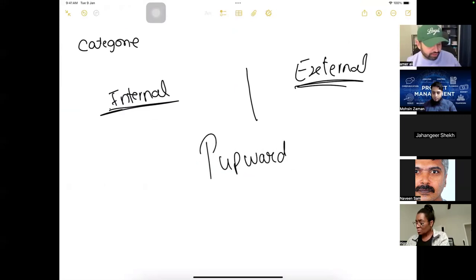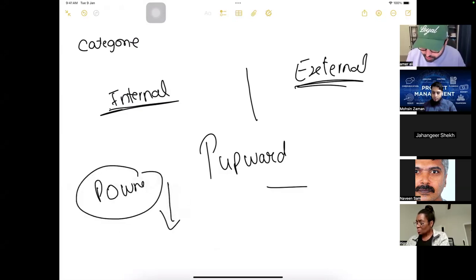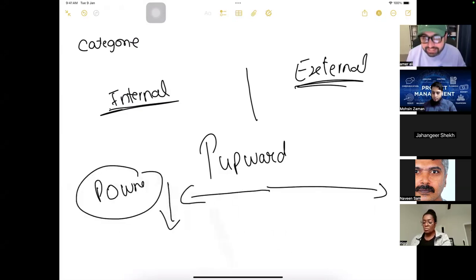Who are my downward stakeholders, the people who are reporting to me? Who are the stakeholders who are at the same level as I am? I call them sideward stakeholders.